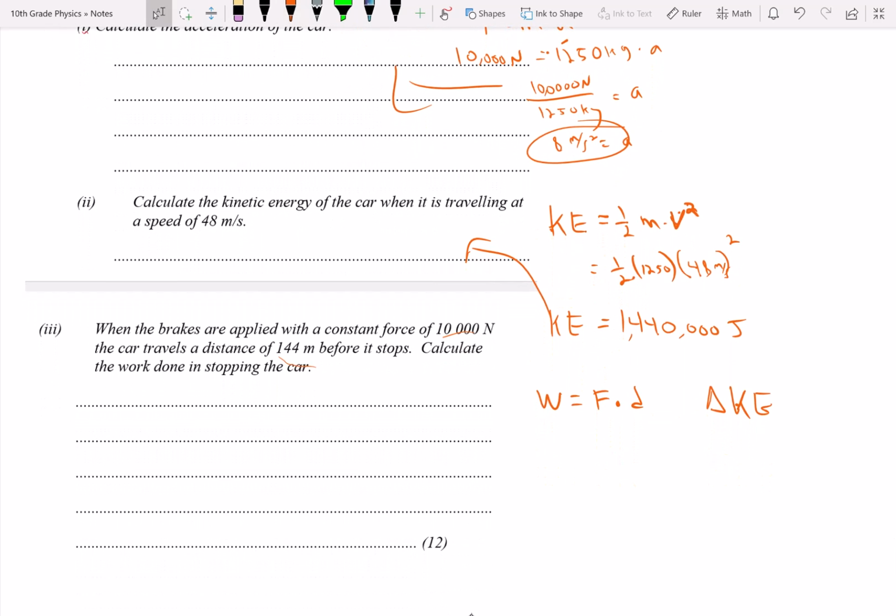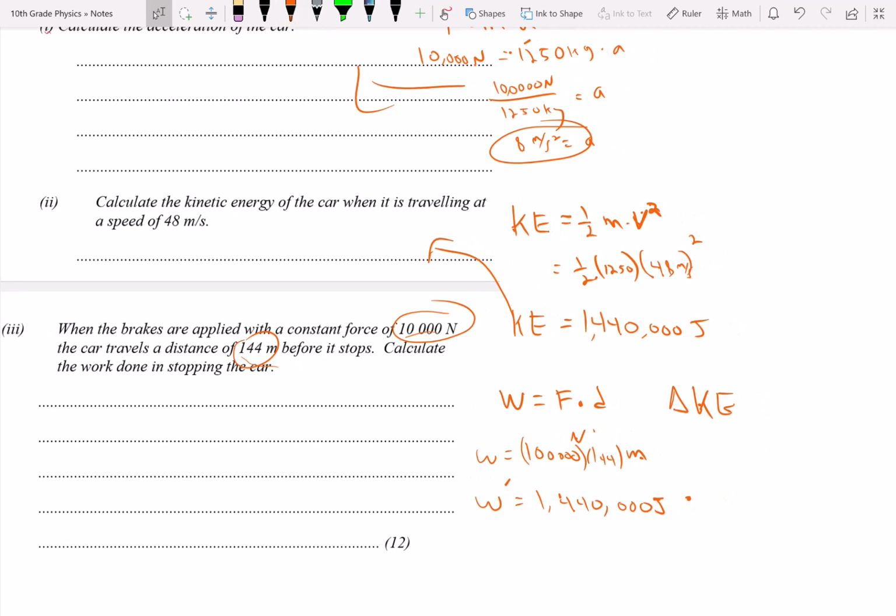In this case, force and distance, we could multiply 10,000 times 144, newtons and meters, and you would get 1,440,000 newton meters, which are the same as joules.